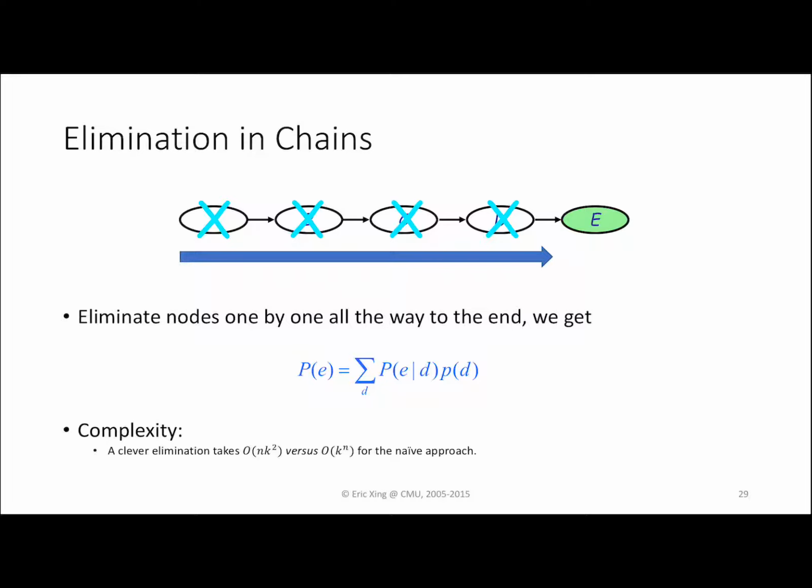So you have M of A, which is the CPD of the first one, M of B, M of C, M of D, and so on. I can do this multiplication however I want, right? I can first compute this multiplication and then this, or I can start with this. The reason that you can push this sum forward is because of this associativity.